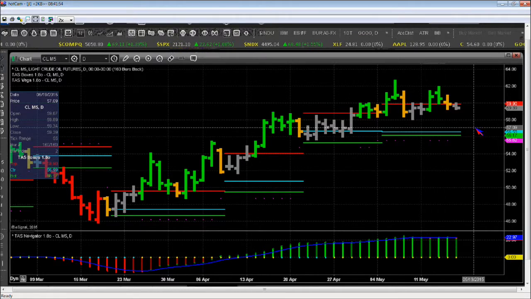Sometimes you've got to set a barrier too. A lot of our automated systems, we set hurdles that instruments have to clear when they go in the direction we want them to, a certain amount of points before we consider it a valid reason to get in the trade. On a lot of profiles, and this is a case in point, let's just take 59.90.